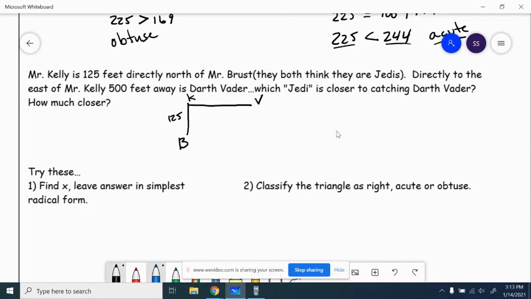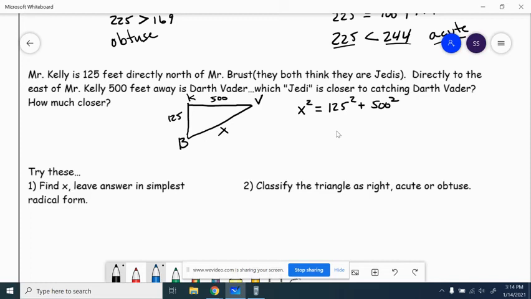And so who is closer? We need to figure out this distance, right? You know that this is 500, this is 125, so we have to figure out what our hypotenuse is here. So let's see. X squared is going to be our c, 125 squared plus 500 squared.